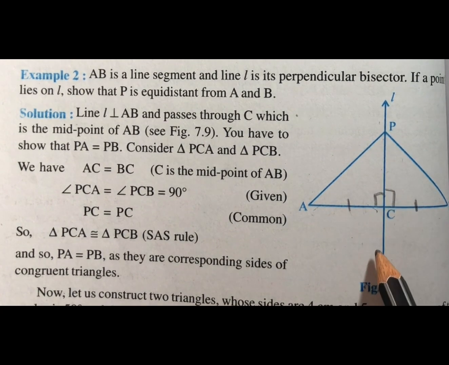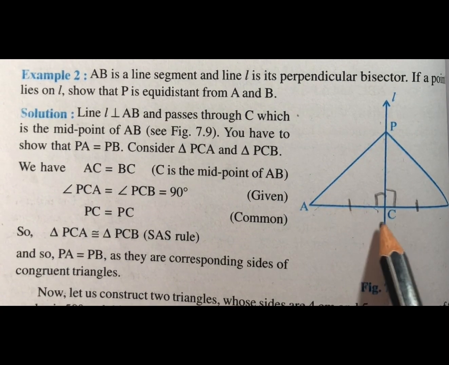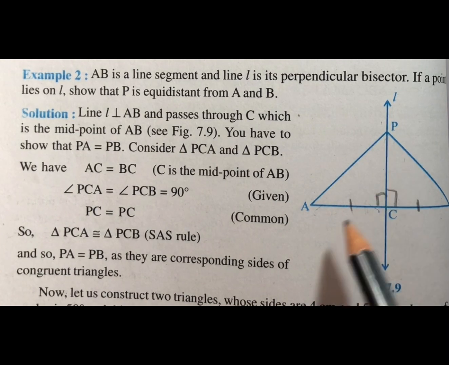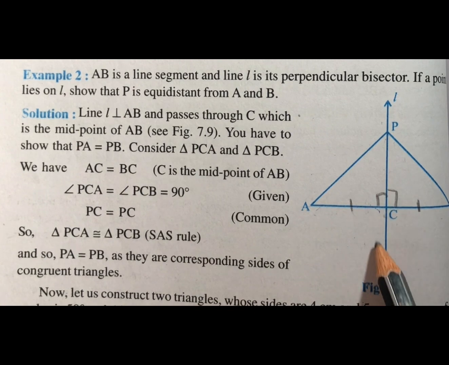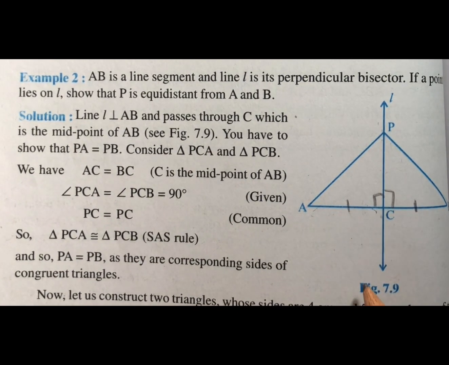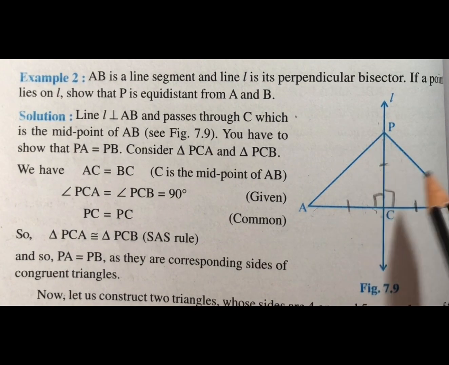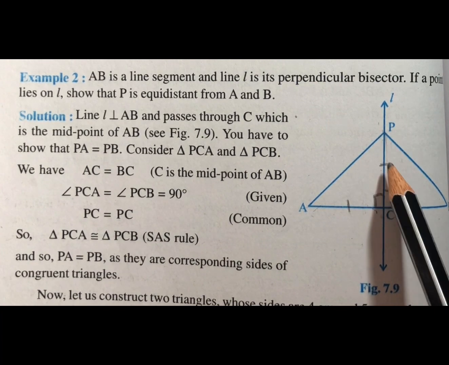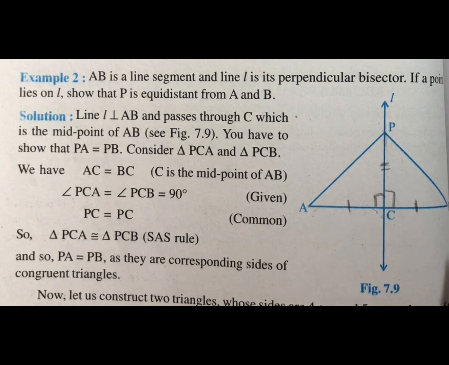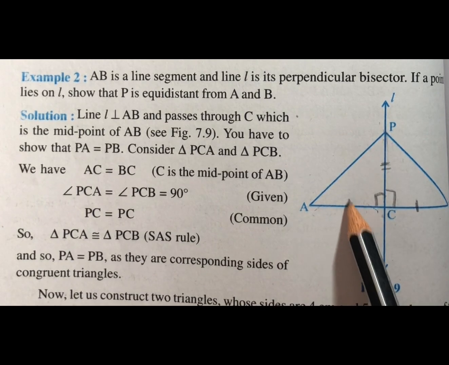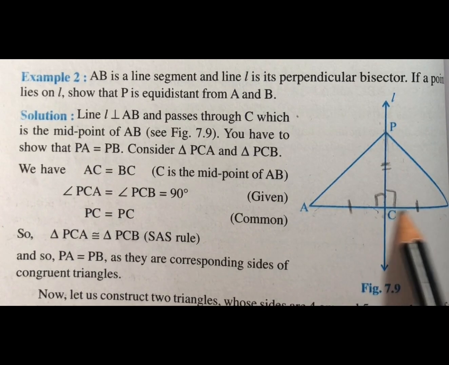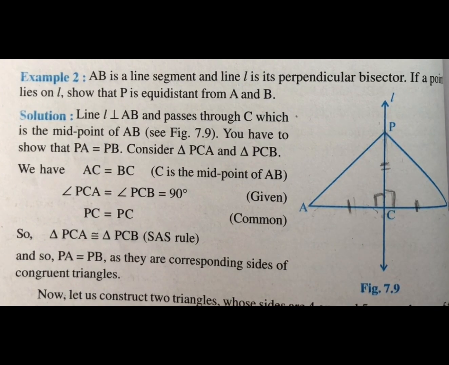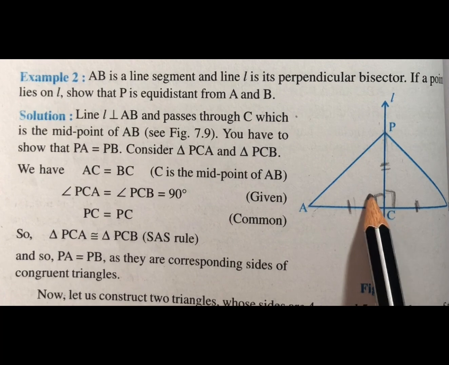So let's take triangle APC and triangle BPC. Here PC is a common side, so this will be equal. And now we know AC is equal to BC. This is also equal. And one angle will be equal, that is 90 degrees, because it's a perpendicular bisector.